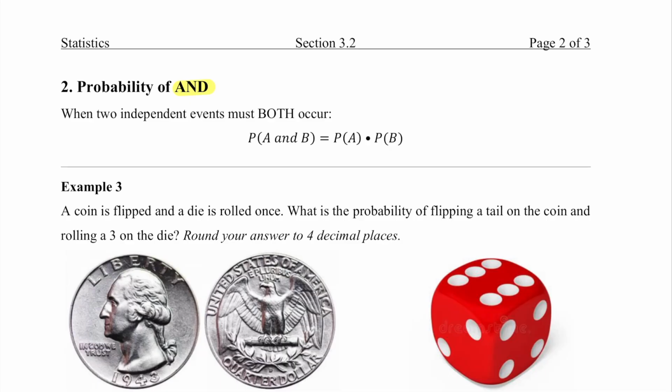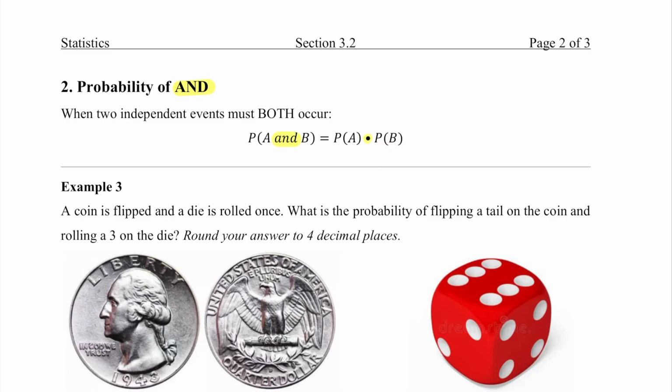Both events must occur, not one or the other, both. Whenever independent events must both occur, we use the multiplication rule. The formula is: probability of A and B equals probability of A times probability of B.